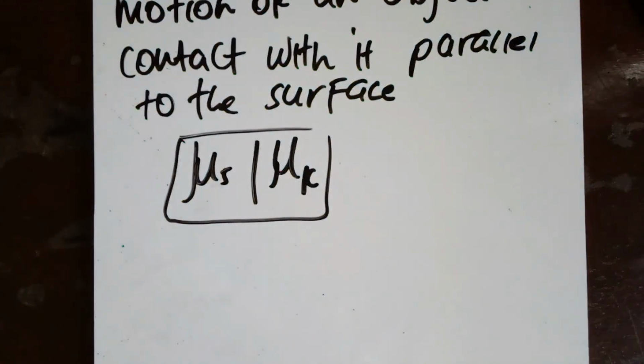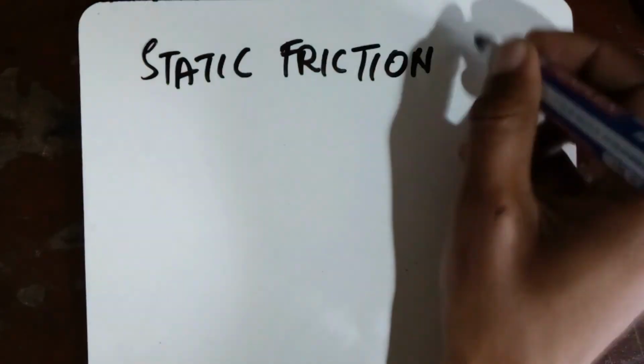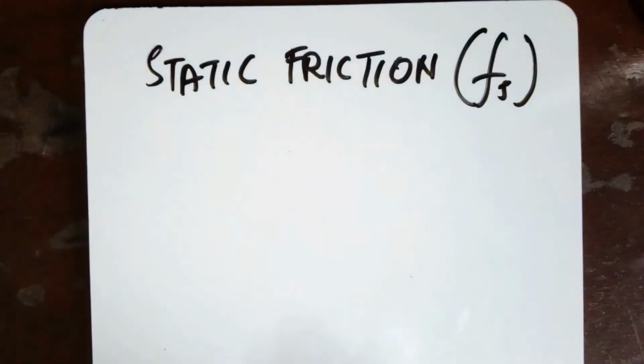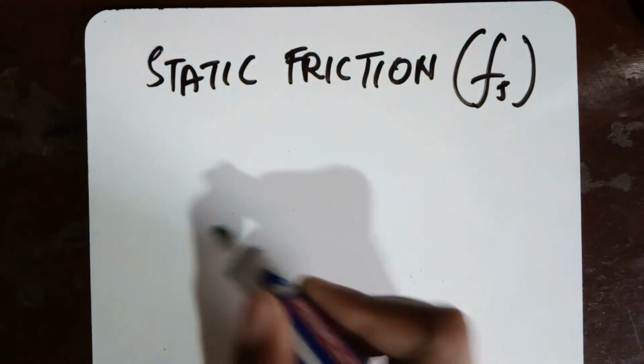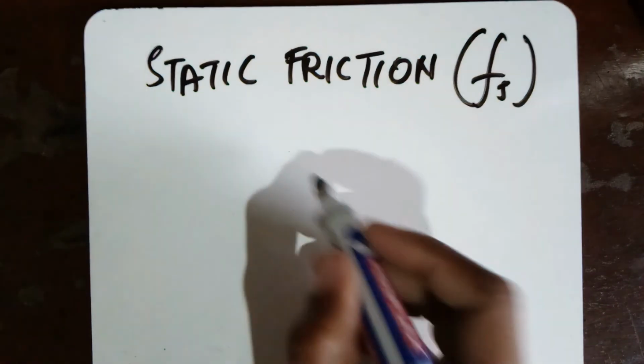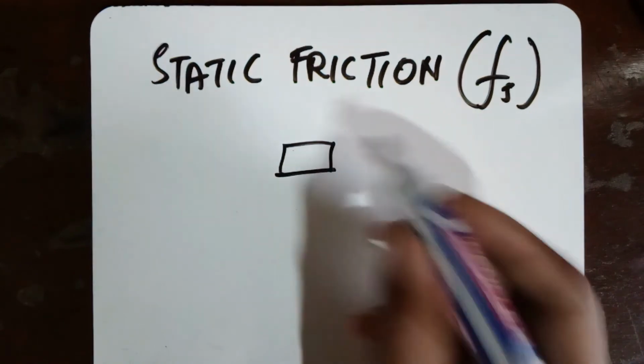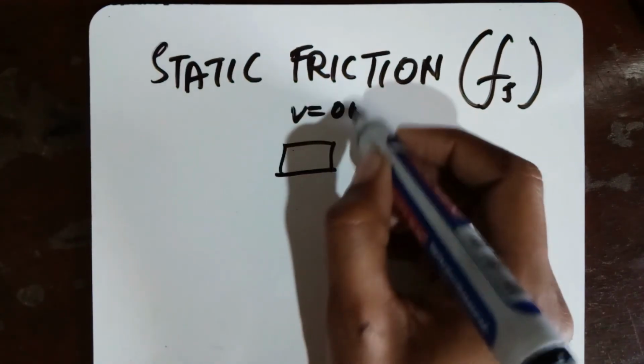Since we're already talking about that, we can now also talk about static friction. Static friction is given by Fs, and it's a frictional force on a stationary object that opposes the tendency of motion. So it's friction when your object is stationary.